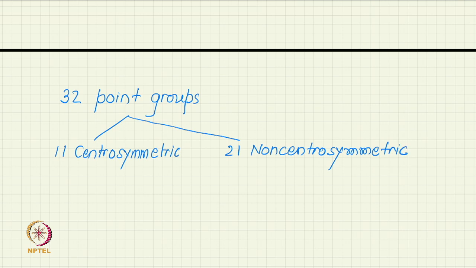But if a physical property is represented by a second rank tensor, for example, electrical conductivity, it does not matter whether the crystal has the center of symmetry or not. The property will always have the center of symmetry.